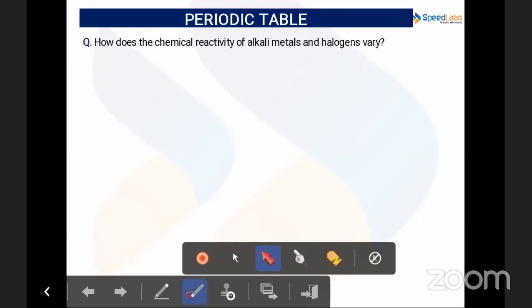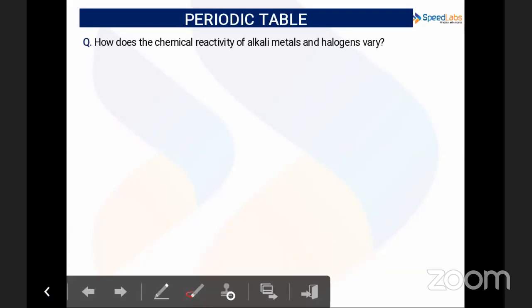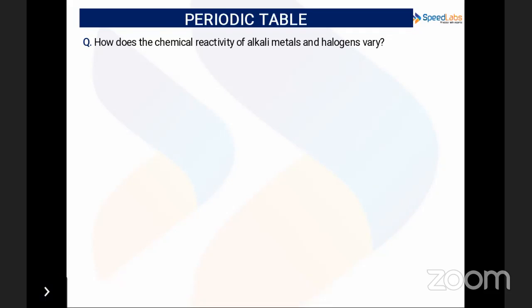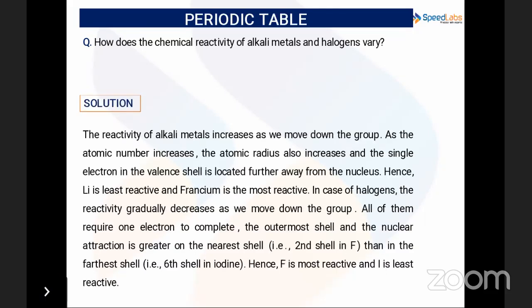Now if we talk about the next question, how does the chemical reactivity of alkali metals and halogens vary? Now this question is based on chemical reactions. You know that the reactivity of alkali metals increases as we move down the group.